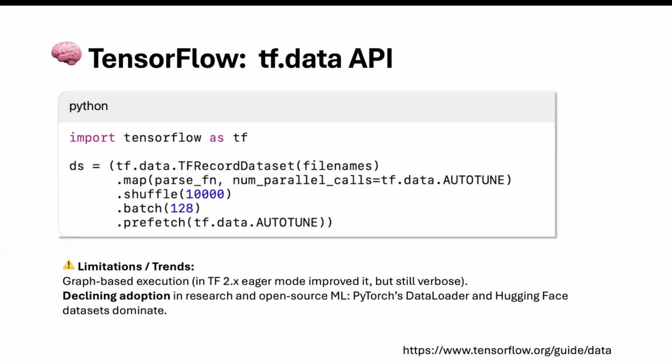The TFRecord was invented because initially, if you trained ImageNet models like ResNet-50, the dataset was a bunch of PNG files or JPG files, very small and a huge amount of files. And that created a lot of I/O problems.